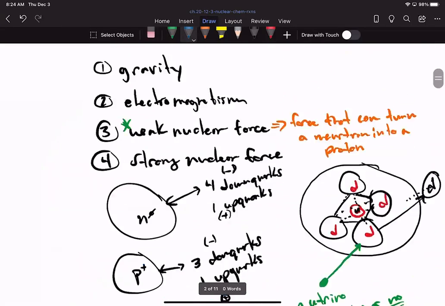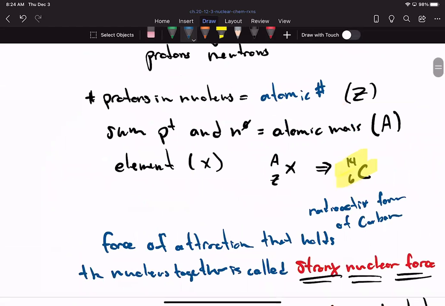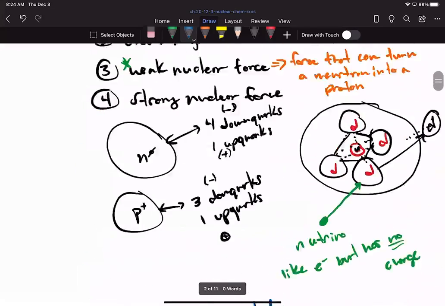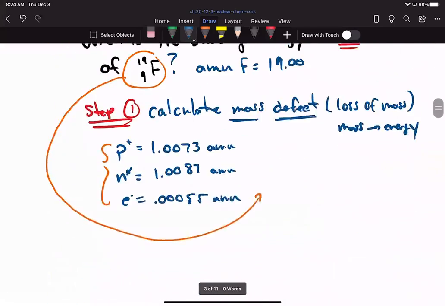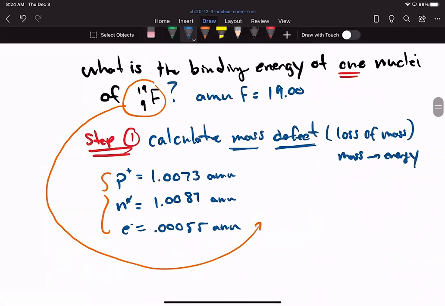We're going back over here just as a reminder: A is equal to atomic mass, Z is equal to the number of protons, so we can definitely figure out the number of neutrons here. So the number of protons is 1.0073 times 9.